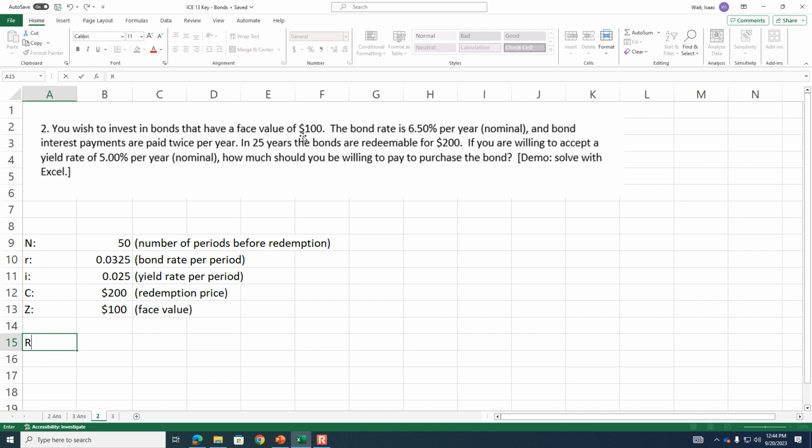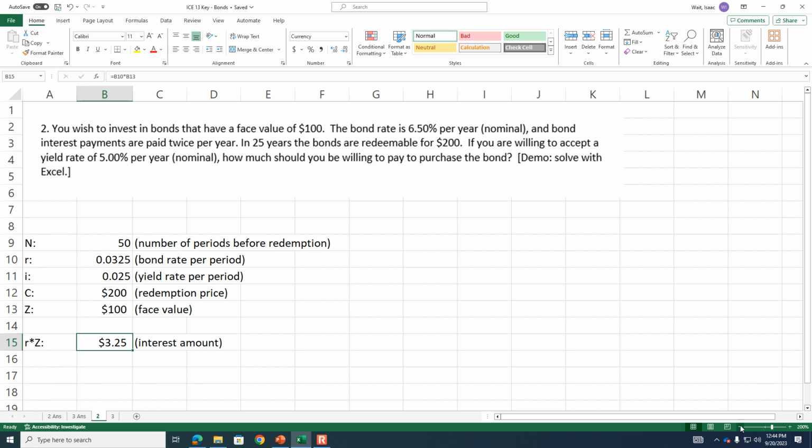So R times Z is going to be the interest amount per period. So every 6 months, if you own one bond, you'll get $3.25 of interest. So that's R times Z.